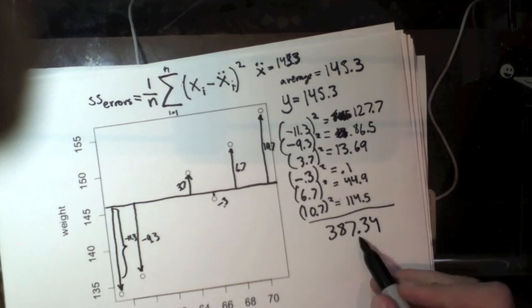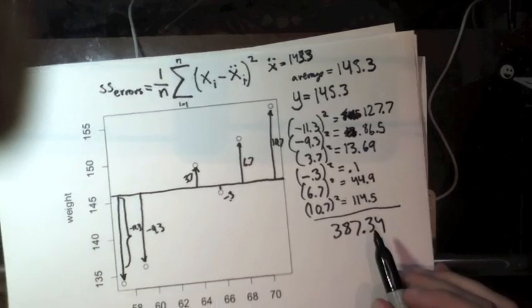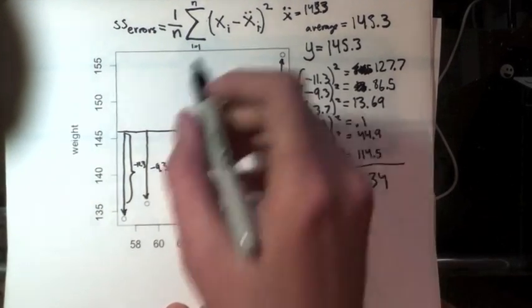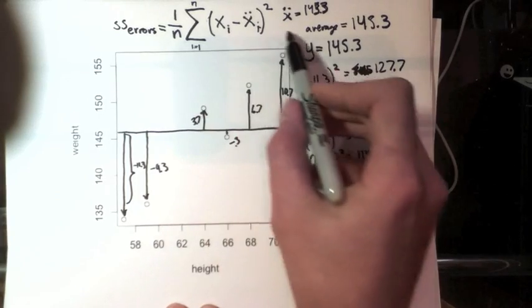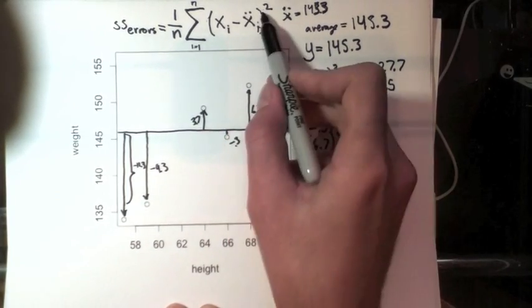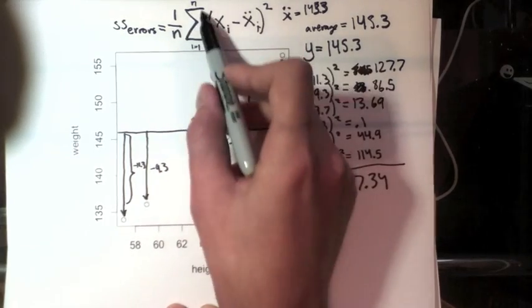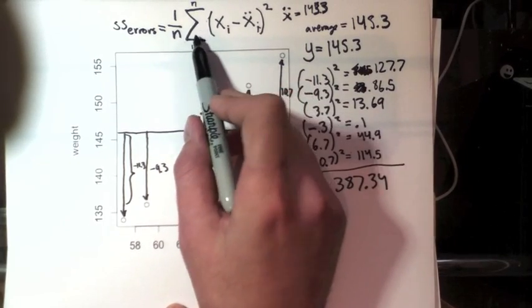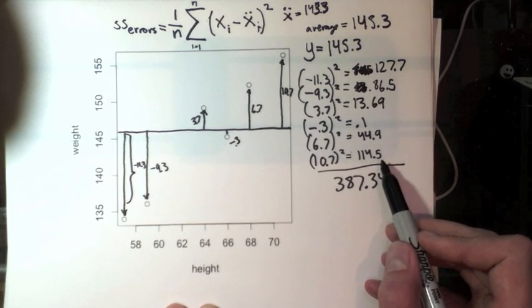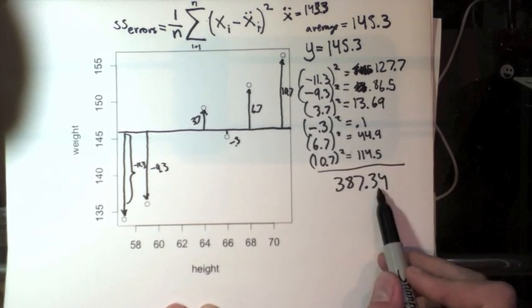So that's our sum, and then we also want to divide this by 6, because remember what we've done here now. We've done this 6 times. We got those numbers. Then we squared it 6 times because it's still inside of our summation symbol, and we got these numbers, right? So now we've added all those up and gotten 387.